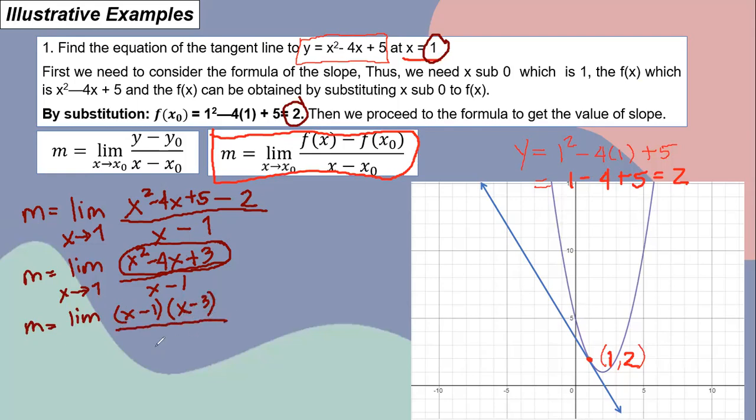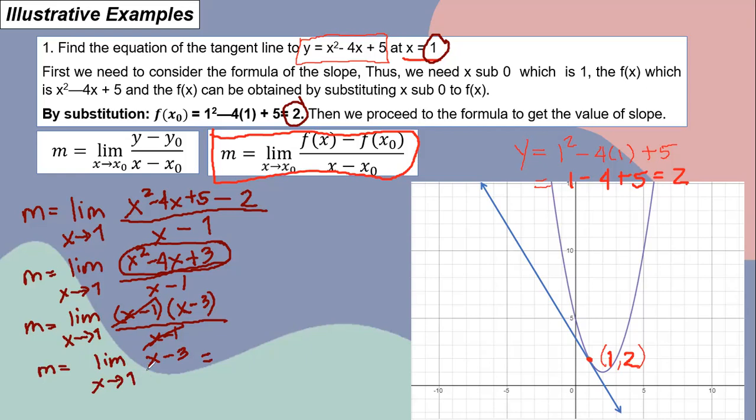Okay, so we have x minus 1 also on the denominator as x approaches 1, so we cancel out x minus 1. So we have now the x minus 3. So we will have to evaluate the limit of x minus 3 as x approaches 1.